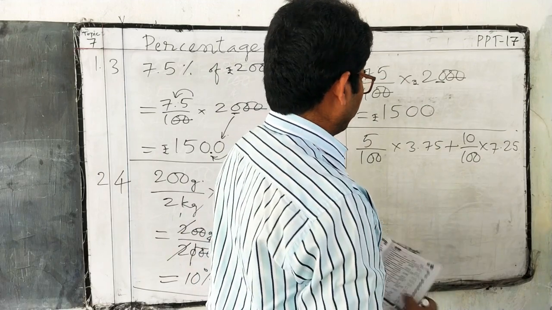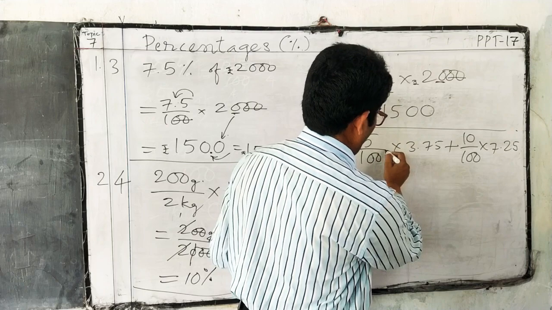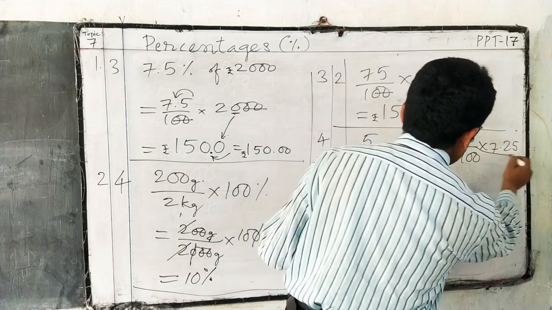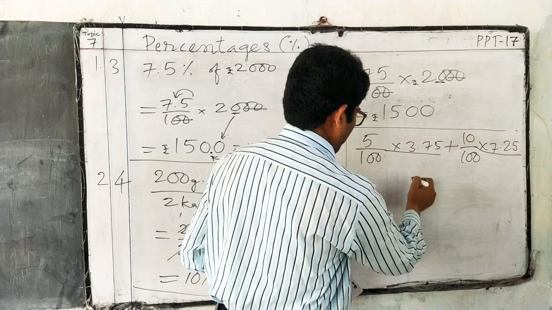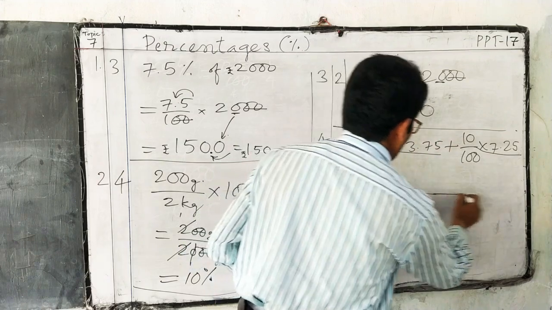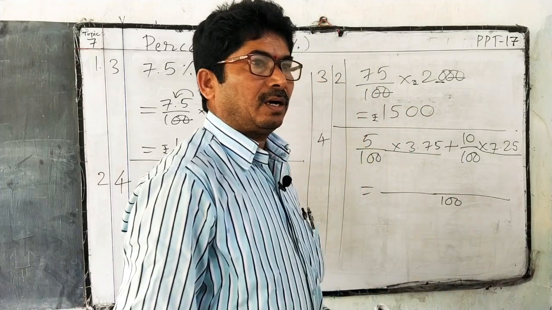First we have to multiply this. We can keep it like this also. 100 is the LCM.